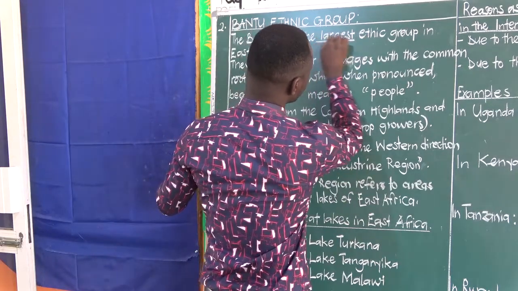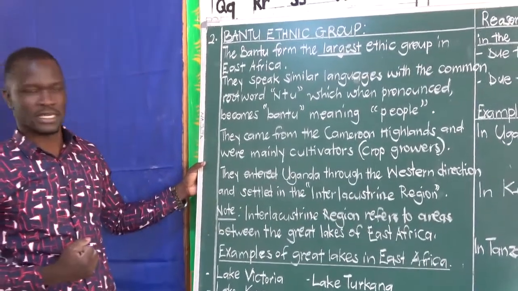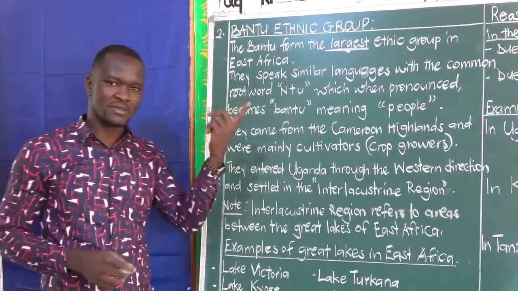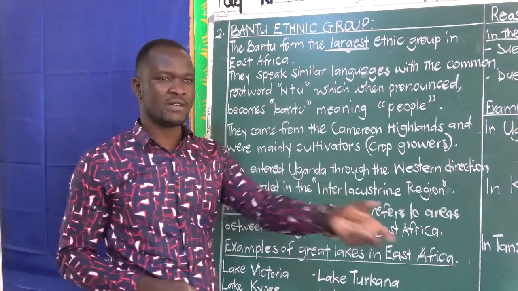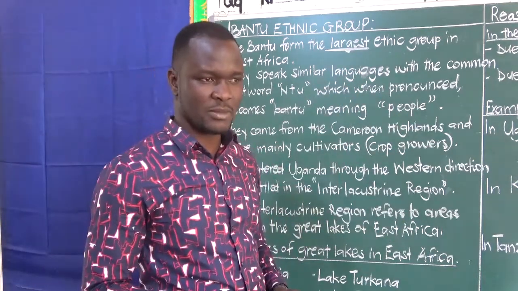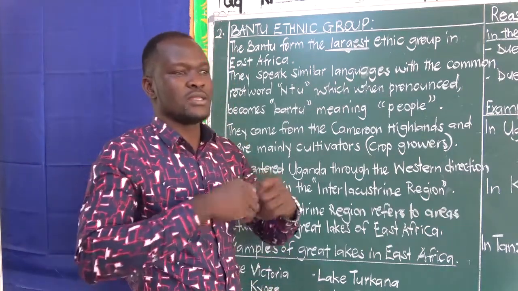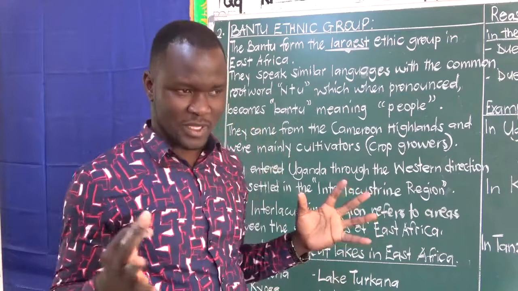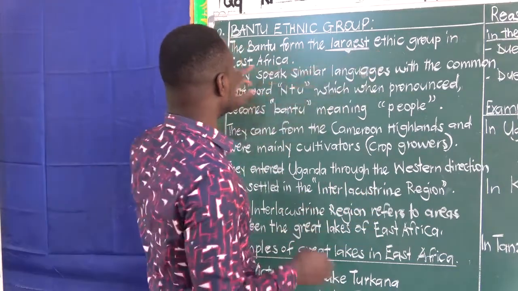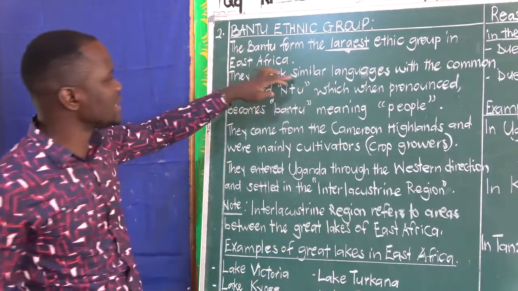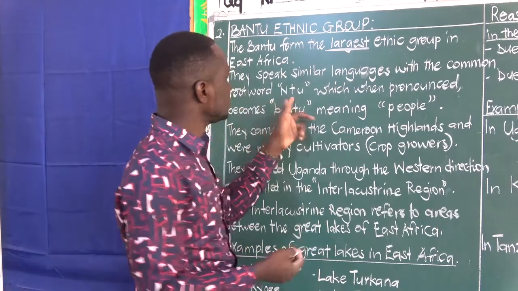Now, we begin noting some important words in this discussion. In the previous one, we were looking at the Kushites, and we said they were the first to come to East Africa. Now, coming to the Bantu, we are saying these ones form the largest. So I want you to get the difference. The Bantu form the largest ethnic group in East Africa. They speak similar languages with the common root word "ntu."